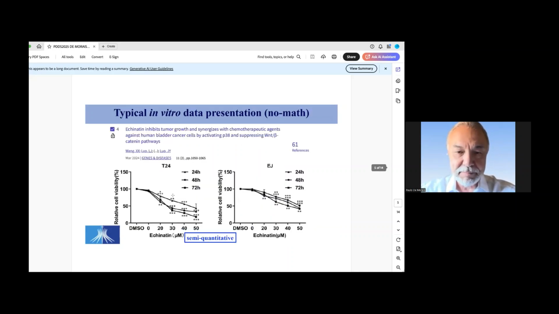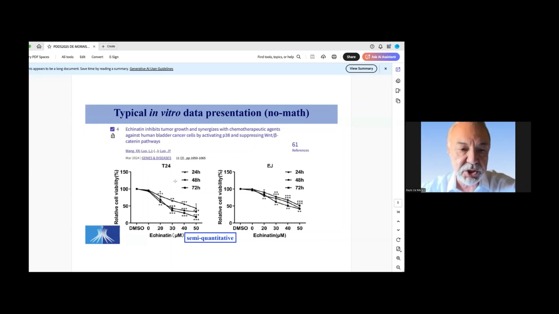However, most of the data you can find these days in the literature are presented like this slide. So I just took one paper from last year, but you can search very quickly. You will see most of the data published regarding cell viability look like the data I'm showing in this slide.